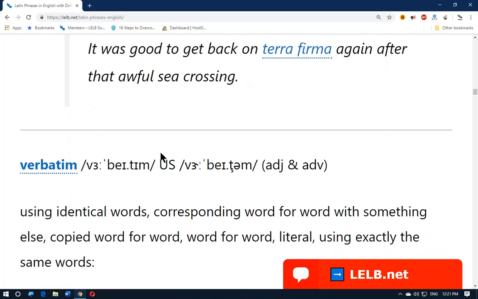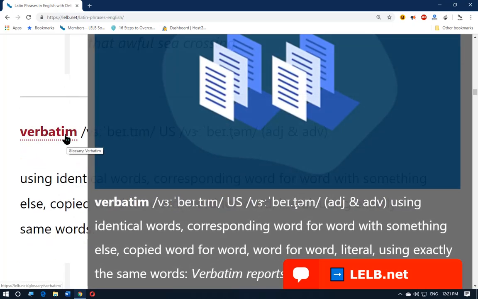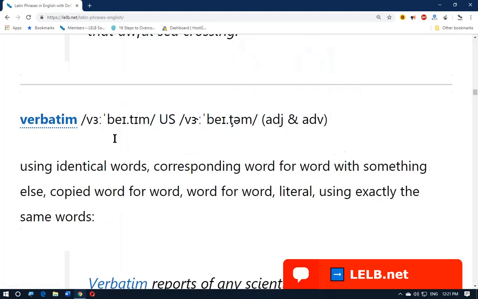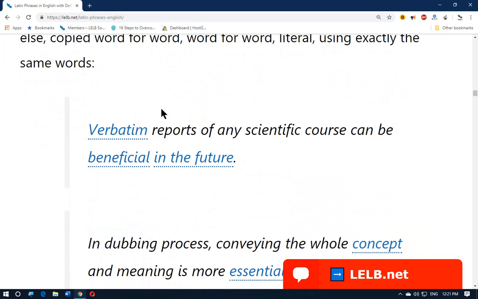Next Latin phrase is verbatim. Means word for word, literal, particularly when it comes to translating or reporting something. Using identical words, corresponding word for word with something else, copied word for word, literal, using exactly the same words.